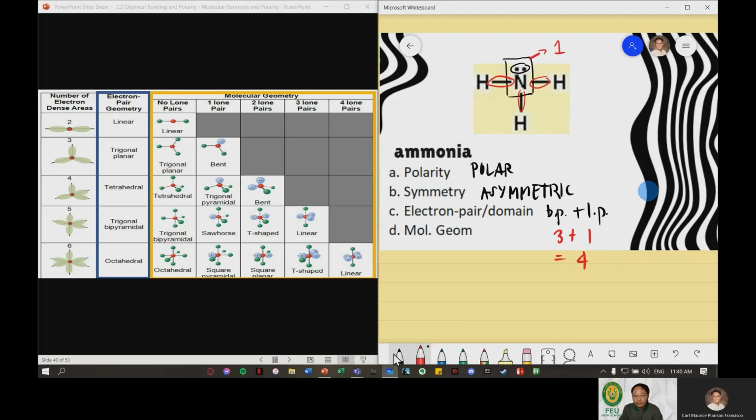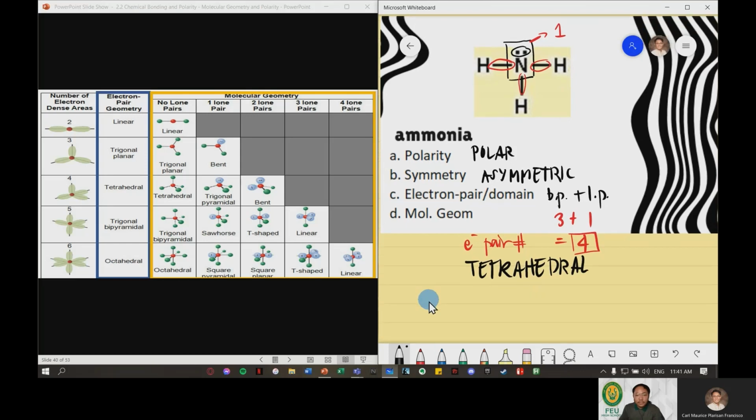You have 4. Your E-pair number is 4. Therefore, 4 E-pair number, tetrahedral. Okay. How about molecular geometry? Remember, molecular geometry is based upon E-pair number and lone pair number, 4, 1.